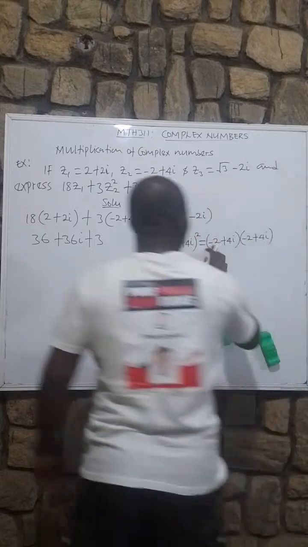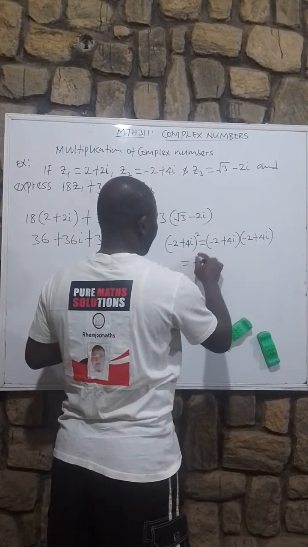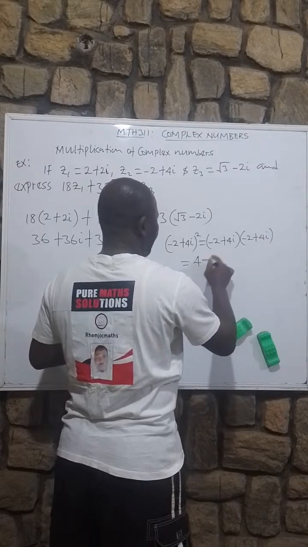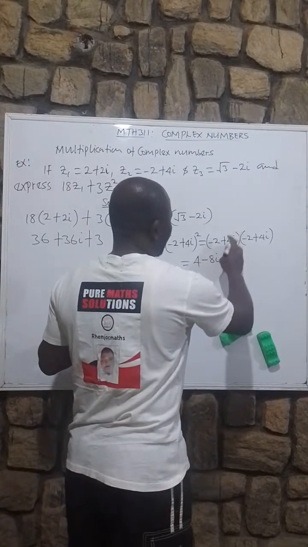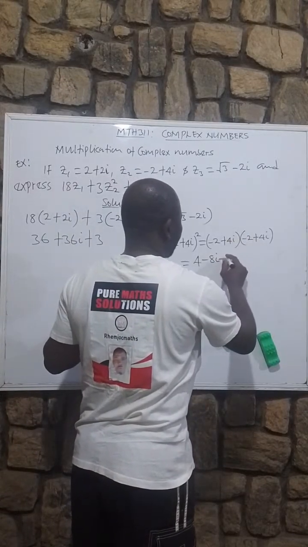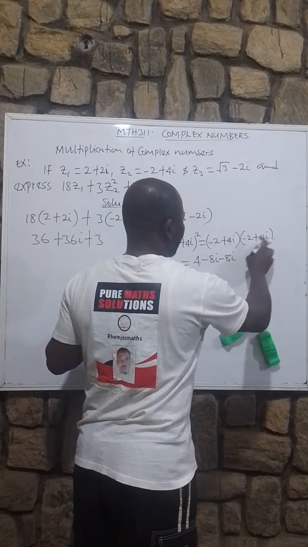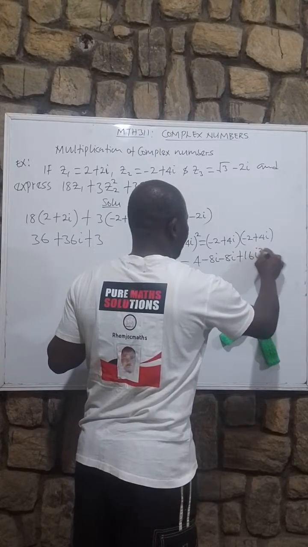So minus 2 times minus 2, we are supposed to have plus 4. Minus 2 times plus 4i, minus 8i, two of us. Then plus 4i times minus 2, minus 8i. Then plus 4i times plus 4i, you have plus 16i squared.